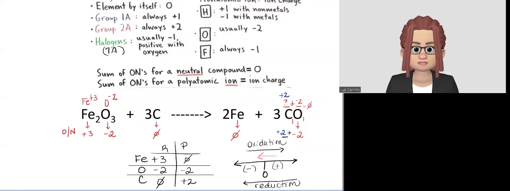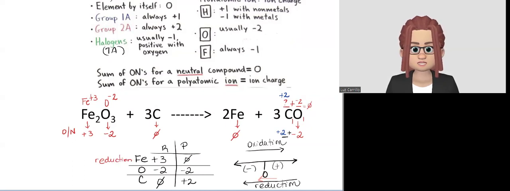Taking that into account, this matches the directionality of reduction. So in this reaction, iron undergoes reduction.